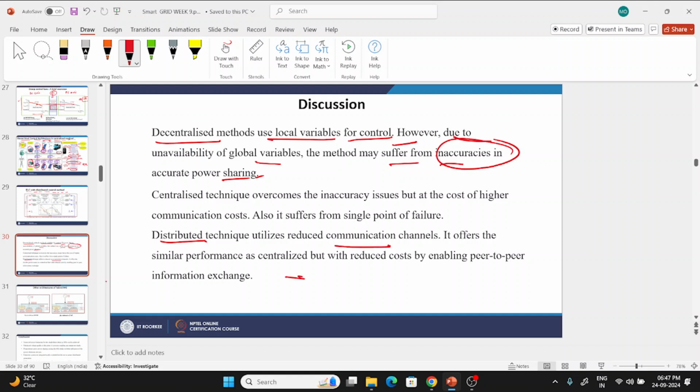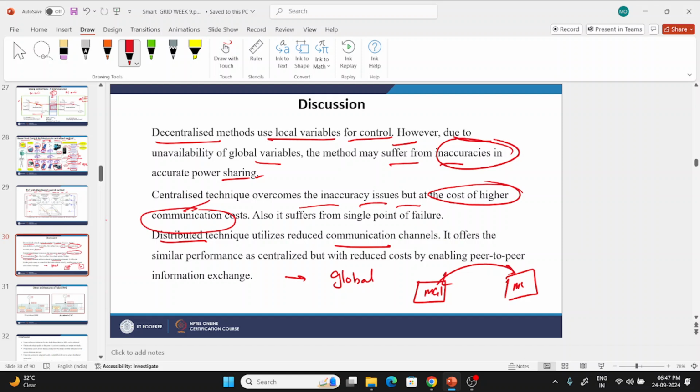It has access to the global variable also, and it also offers peer to peer transfer, like this is MG1, this is MG2. So the energy transferred between these two microgrids can also happen in the distributed technique. Centralized techniques overcome the inaccuracy issue, but at the cost of higher communication cost.